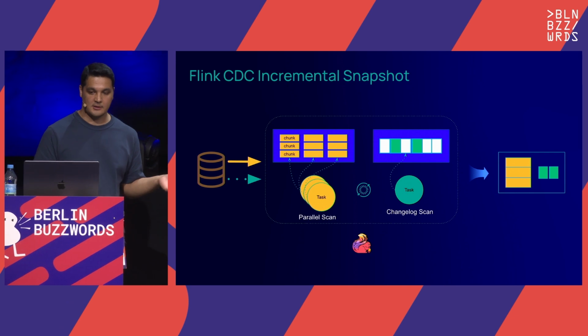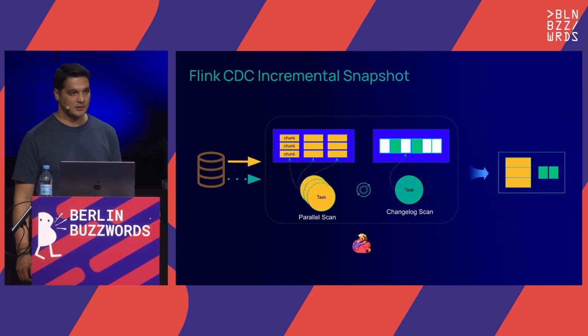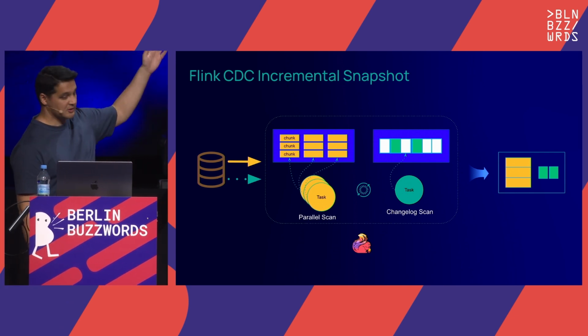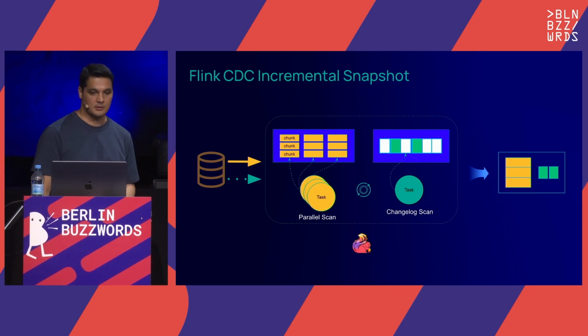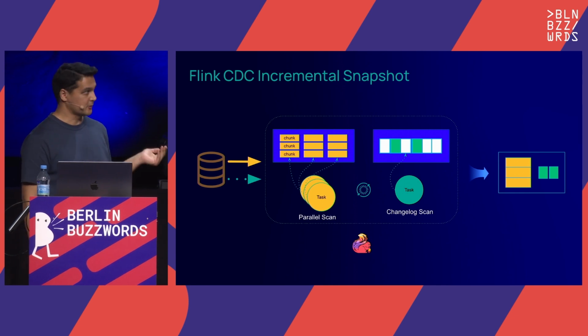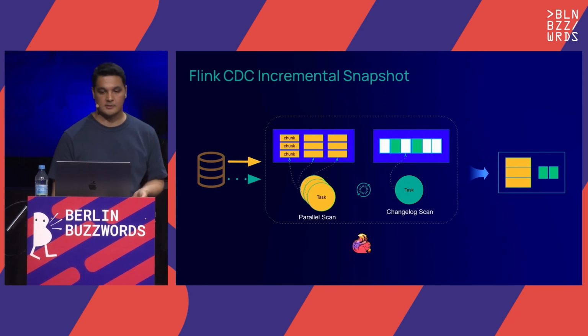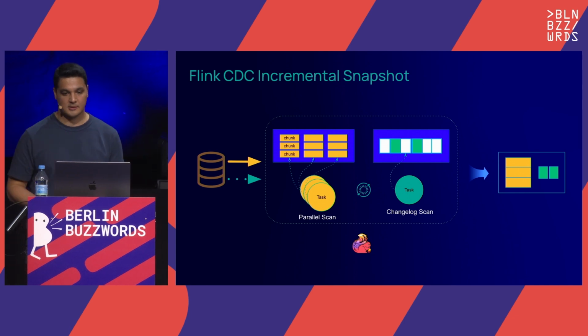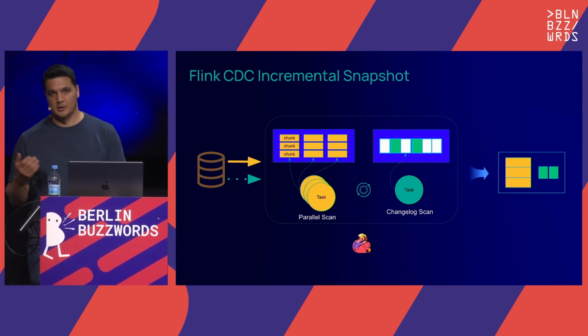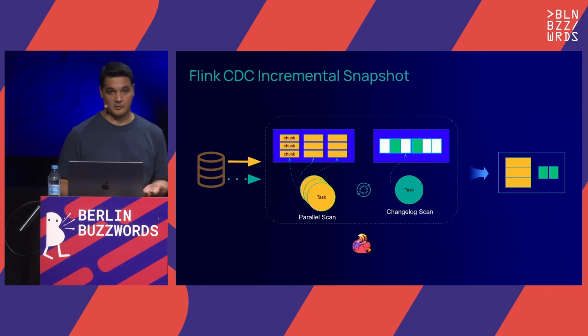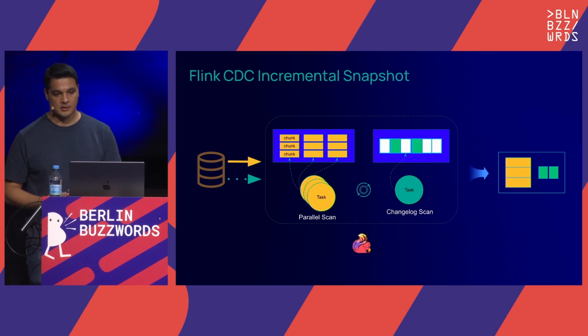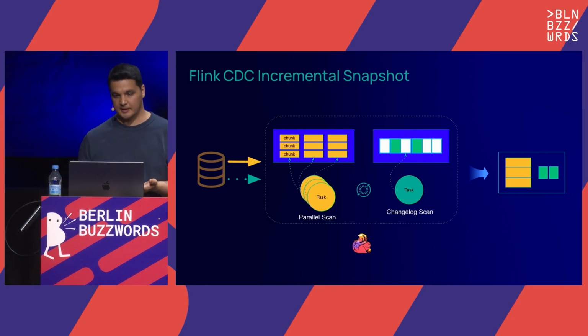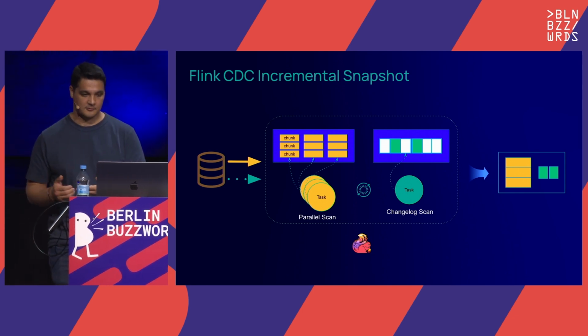And these chunks are assigned to multiple readers. Each reader first uses the JDBC connection to read the chunk they were assigned. And here, of course, we use the Flink runtime underneath, and all chunk assignments and the table schema metadata information are stored in a state of the operator. So this is also helpful if there is a failure. It helps with the failover, because once the jobs are recovered, they can start where they left off.